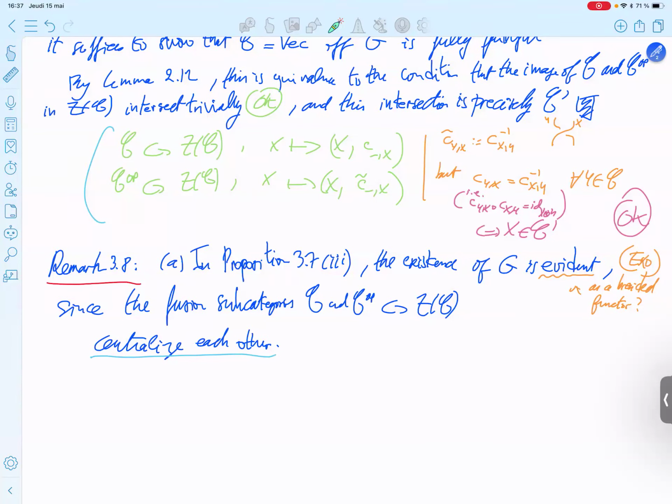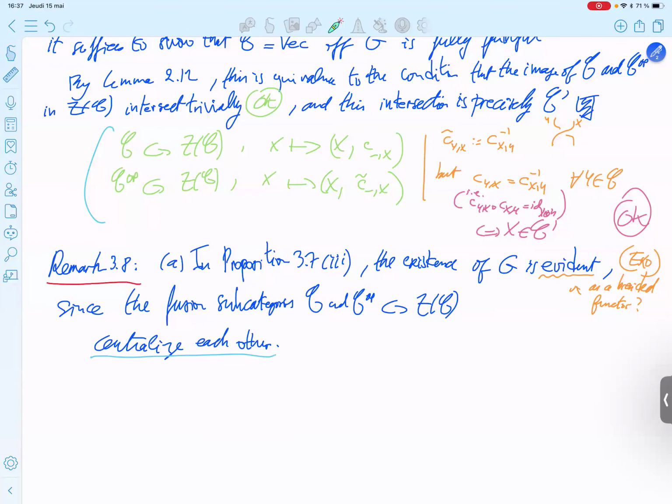So you will take an element here as embedded here, an element here as embedded here, say X and Y, and you will consider the braiding of these two elements.